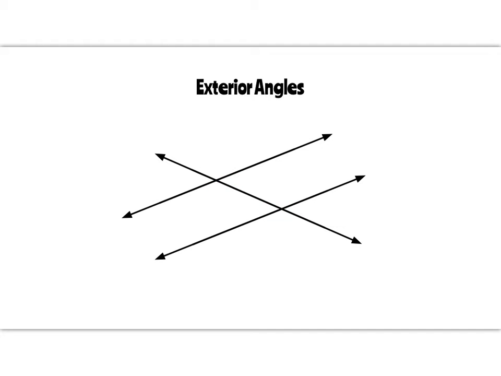We also have exterior angles. I want you to think of those as the angles that are outside of the tunnel formed by the parallel lines. So this is the exterior. Looking at our exterior, we've also got 4 angles out there. So the exterior and the interior, those are 2 terms to remember when we're describing angles.